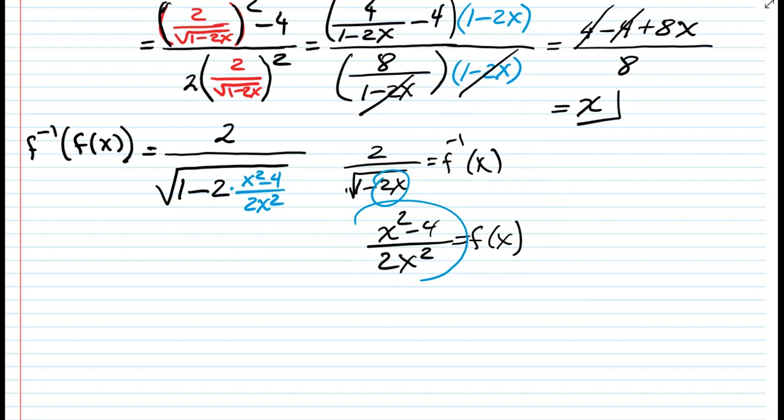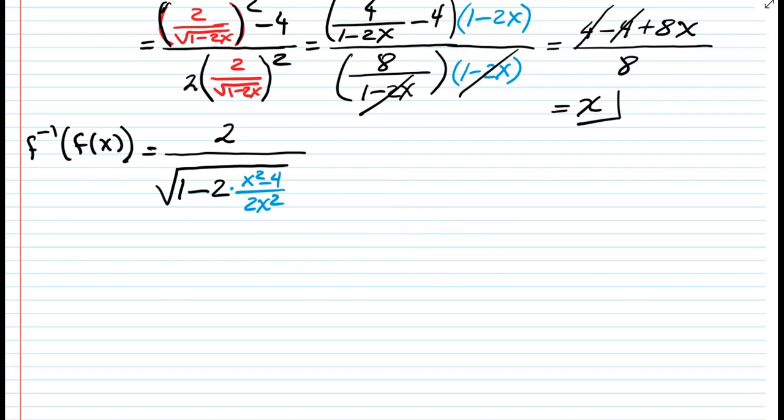And then I don't need these references anymore. Now we can do the algebra real quick, and then we will be done. So what is this going to become? The numerator is just 2, and the denominator now. 2 in front of the fraction, the 2 in the fraction, and the denominator cancel. So that's going to make this square root of 1 minus x squared minus 4 divided by x squared.